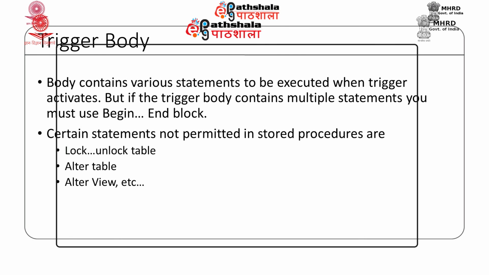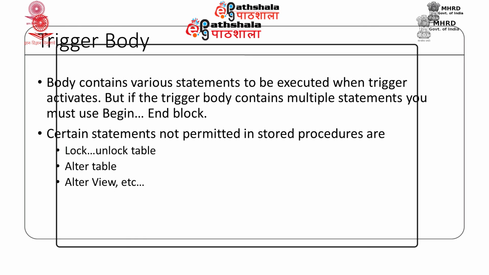That is, I cannot lock the transactions in the trigger body, lock table statements are not allowed, alter table statements are not allowed, and similarly alter view, anything such statements are not allowed in the trigger body block. And if I am having multiple statements, that is, I am writing multiple insert scripts, I am using multiple if conditions, it is always compulsory for me to make use of a begin and end block.